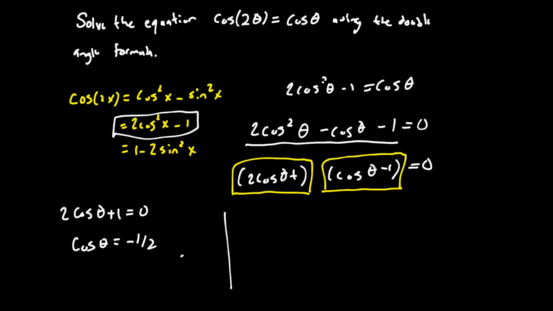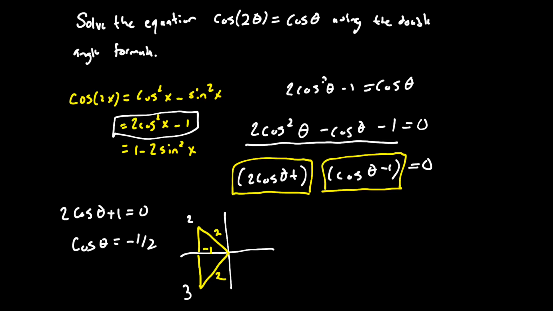Then again, our cosine theta is only negative in quad 2 and quad 3, which means we want to form a right triangle in quadrant 2 with adjacent side length of negative 1, hypotenuse 2. And we want to form a right triangle in the third quadrant, again with adjacent side negative 1 and hypotenuse 2.